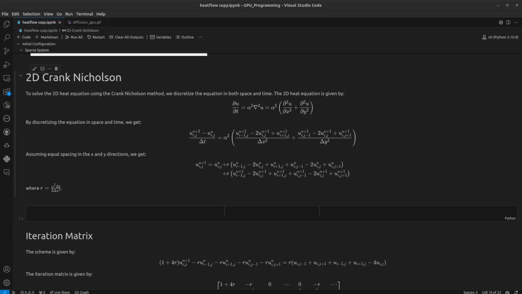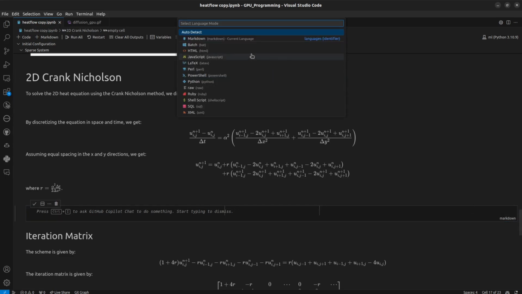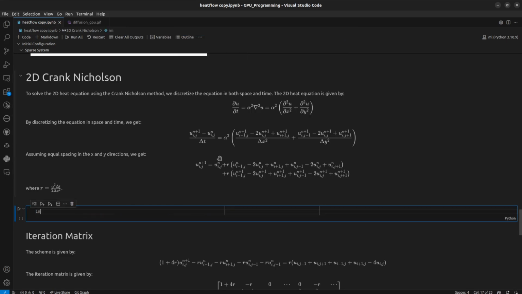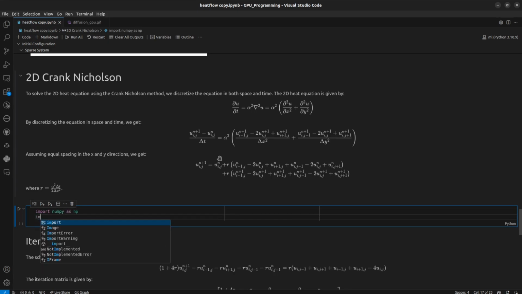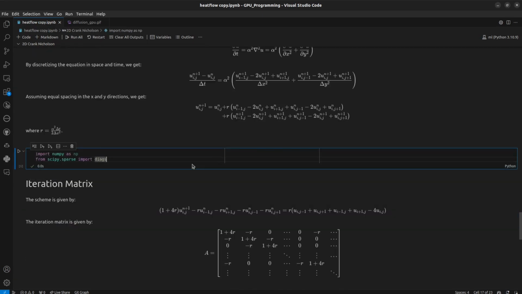Okay, so again, like last time, we're going to start with some imports. Of course, we're going to use NumPy. Like last time, we're going to build sparse diagonal matrices, so we're going to use the diags method.